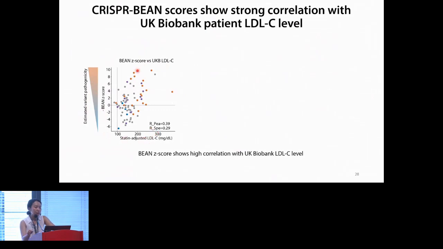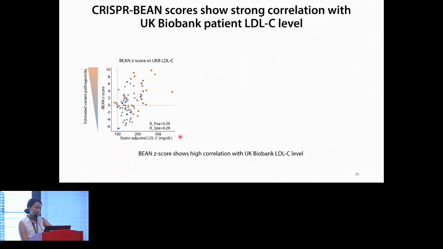In the UK Biobank, we have matched information about which patient with which variant has what level of LDL cholesterol. This is the plot, where on the x-axis we plot the patient LDL cholesterol level versus the estimated pathogenicity of the variant.